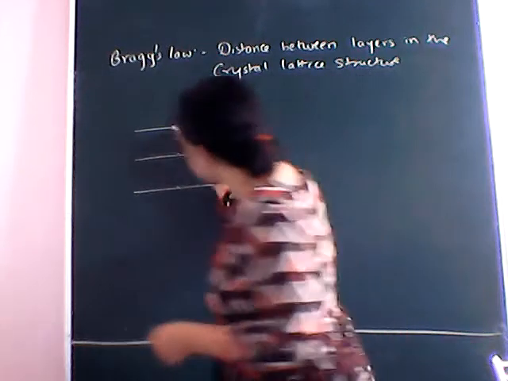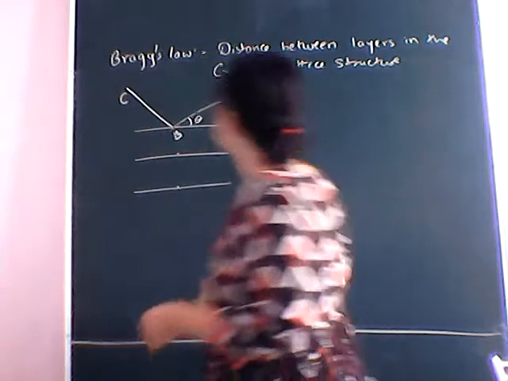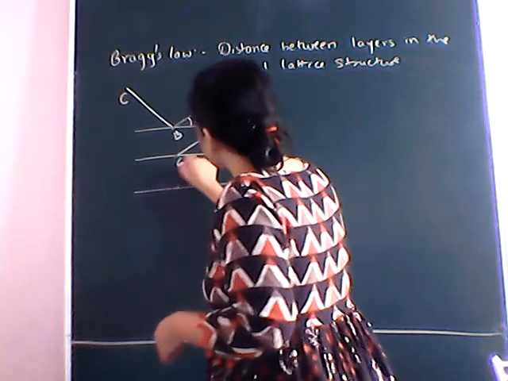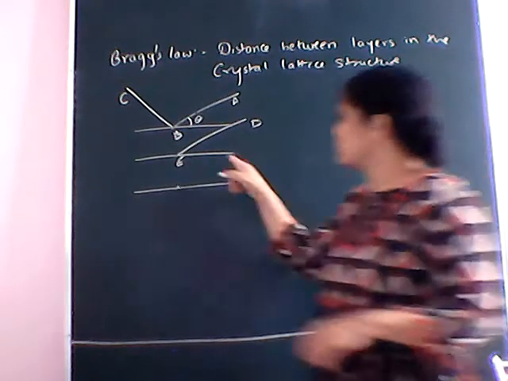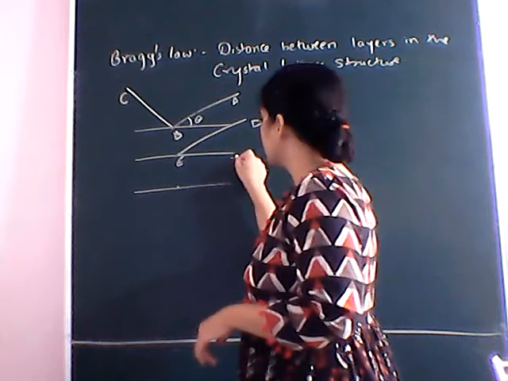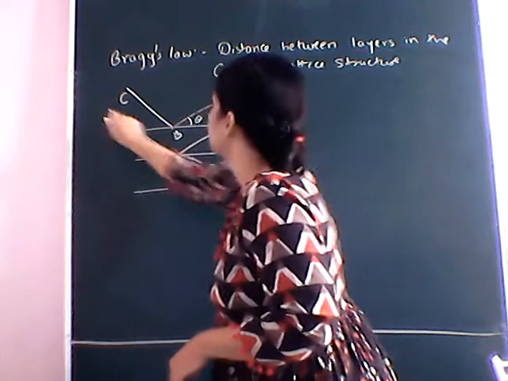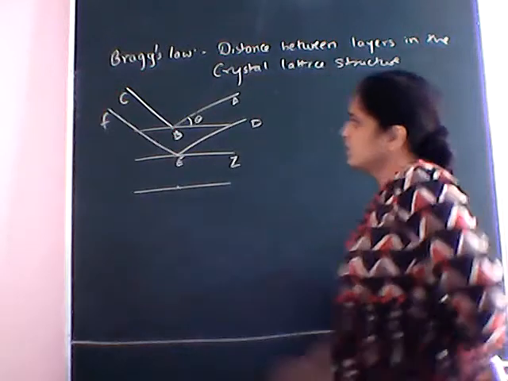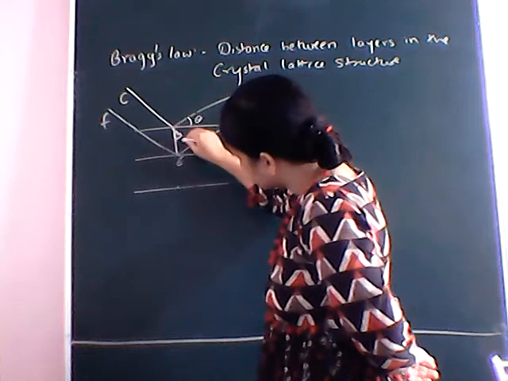It is reflected as BC. Then DE is another X-ray which is incident on the plane Z, and it is reflected as EF. Now the distance which is present between these two layers is d.